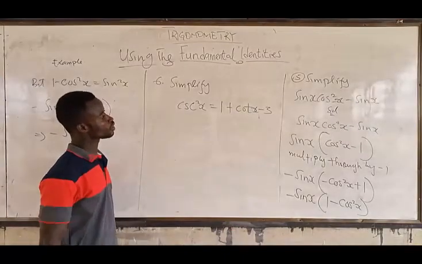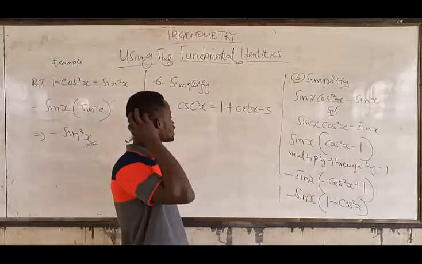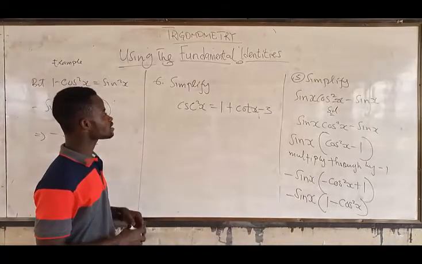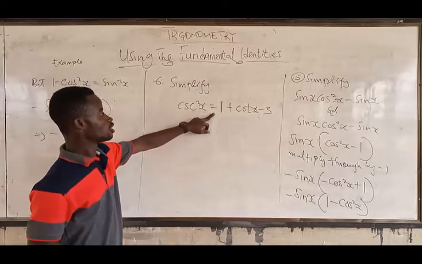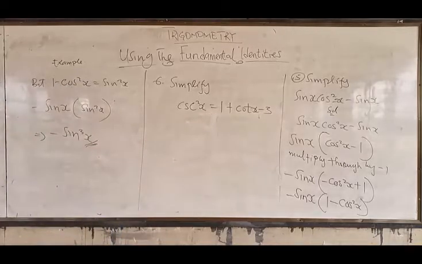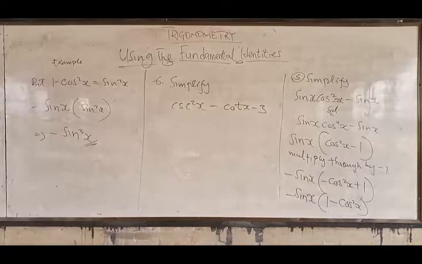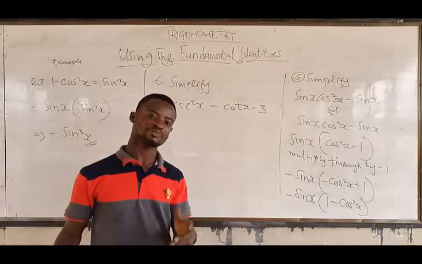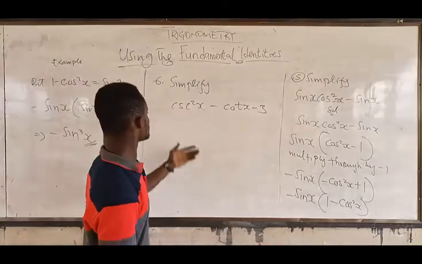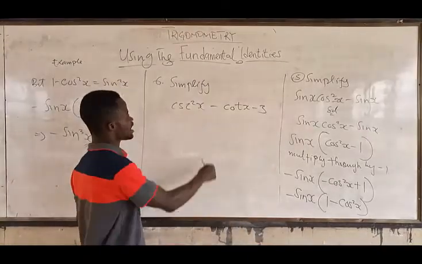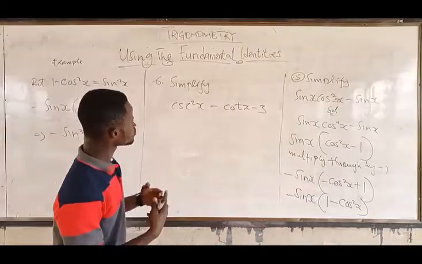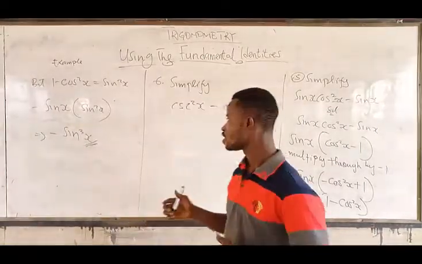Let's move on. So that's what we have on the board, and here we can simplify this. Here is cosine square x. Let me check this. All right, please change the question. I think there was a typing mistake in what I have here. So this is the correct one. We have to simplify this.